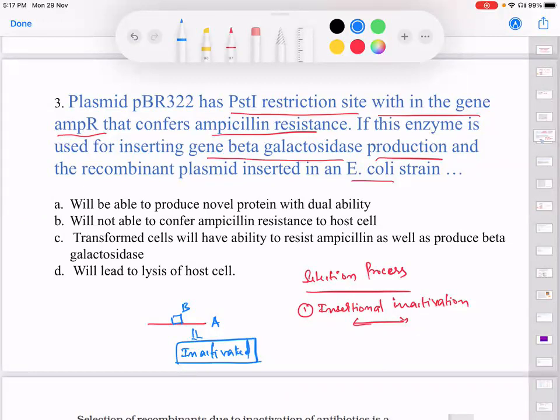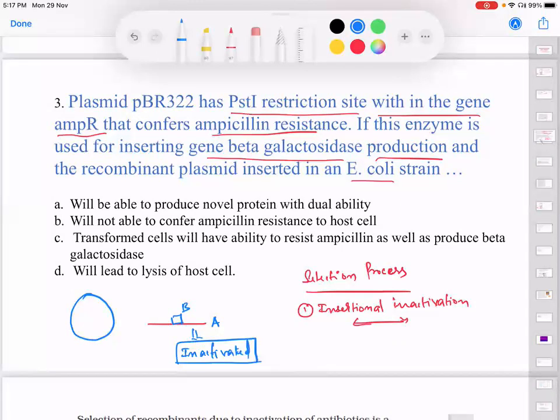Now, to understand this question, it is essential that you have an idea of what PBR322 is, the diagram of which is given in our NCERT text. Even if you don't know, you'll be able to manage it if you have a basic idea of these concepts. So what do they say?